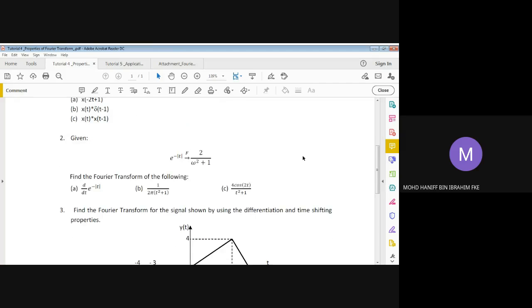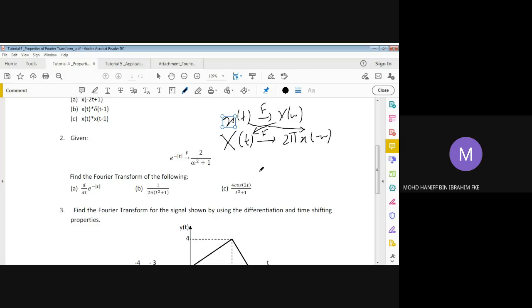So duality states that if we have x(t), which will give us X(omega), and we have the same pattern with these terms in the frequency domain, then its Fourier transform will be 2 pi of X of negative omega. This is equivalent to this in terms of the pattern, and this is equivalent to this. So we have to apply the duality property to solve these questions.